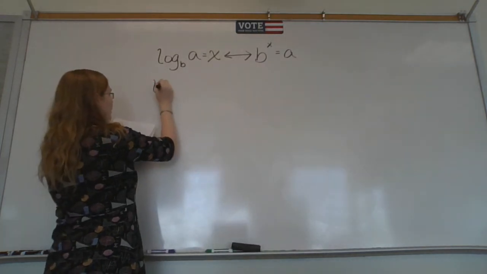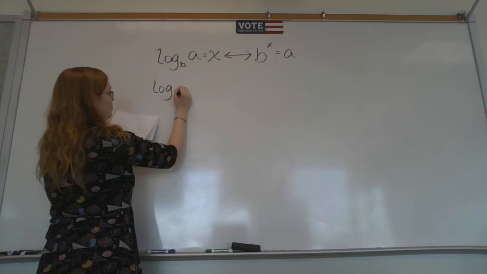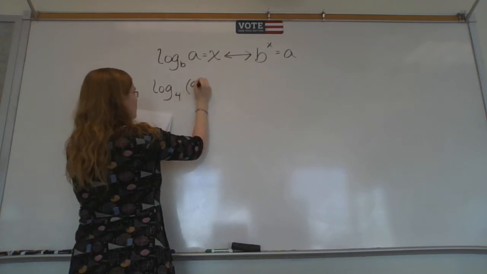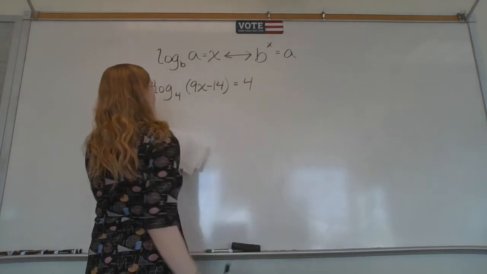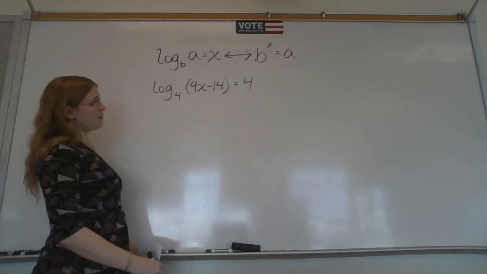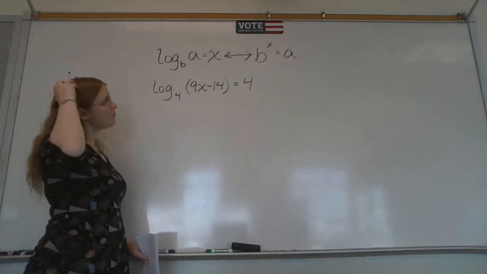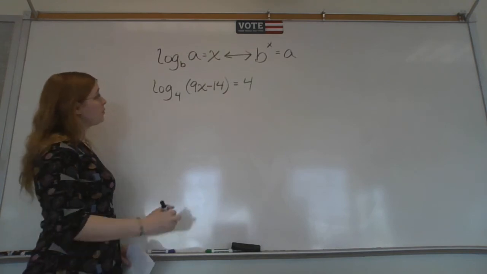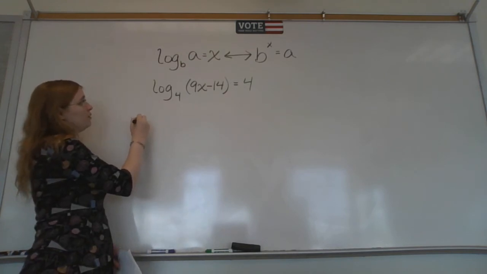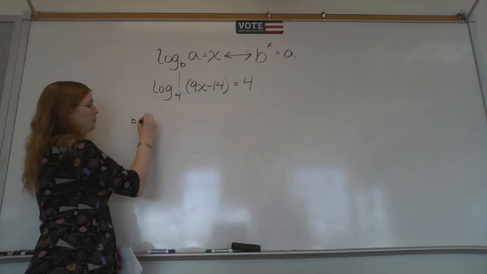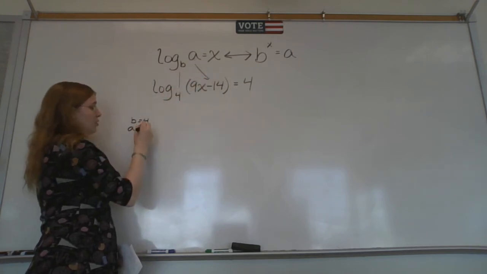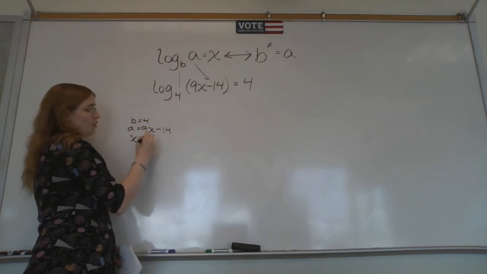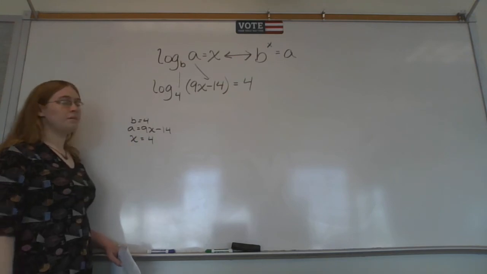So what if we said log base 4 of 9x minus 14 equals 4. So my b is 4. My a is this whole thing, 9x minus 14. And my x is also 4.